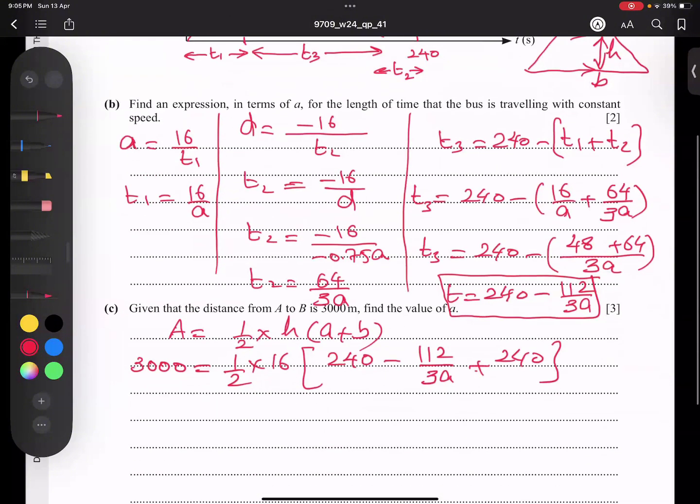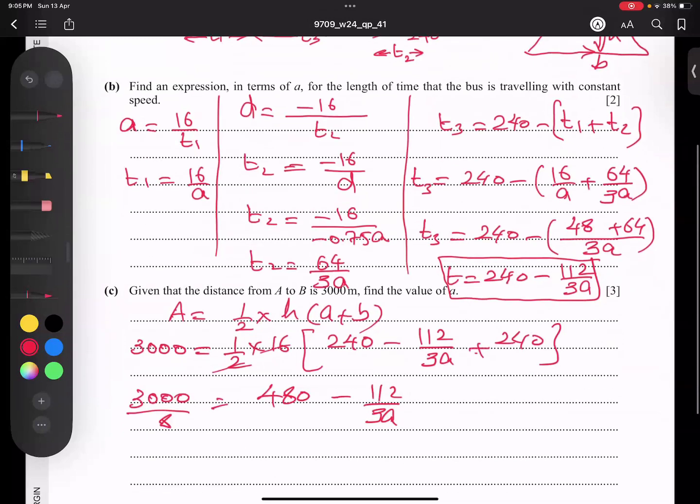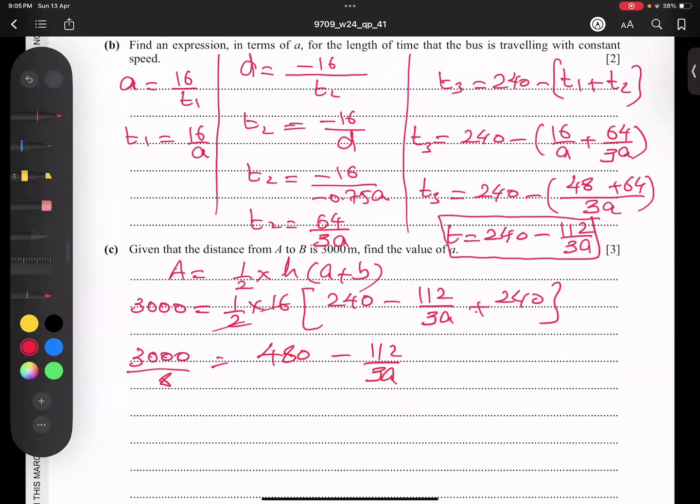Okay. Now this A goes down like this. 240 plus 240, I got 480. Now this is 3,000. 3,000 divided by 8, and I got 375, equal to 480 minus 112 over 3A.